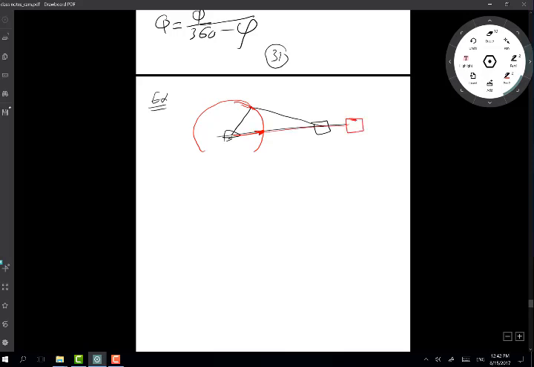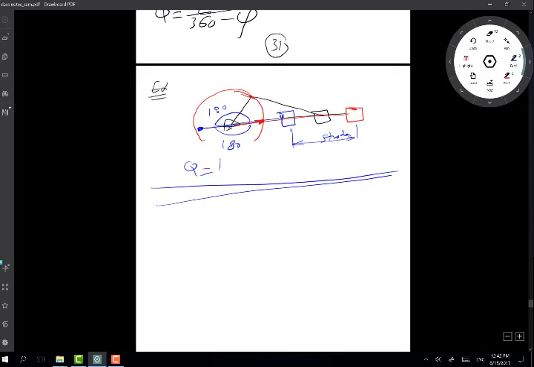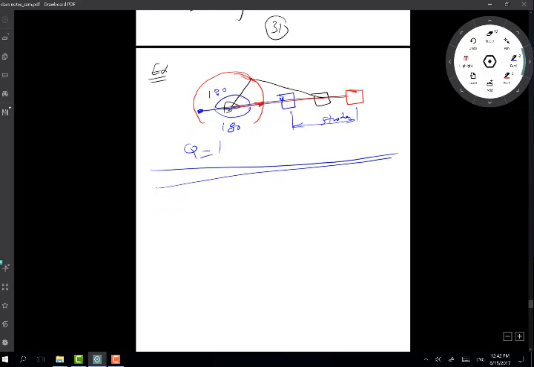And then when it comes back, the second extreme position will be here. So this will be the stroke, and it's really 180 and 180. So it's really 180 going and 180 coming back. So Q is equal to 1, right? I wanted to show you this specific example because I promised to.